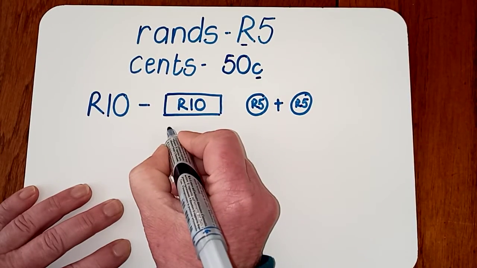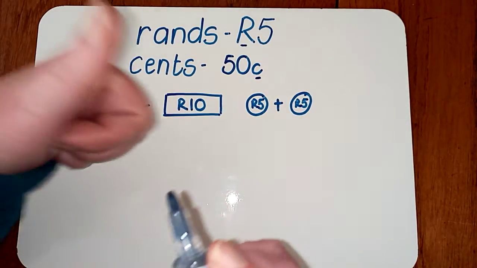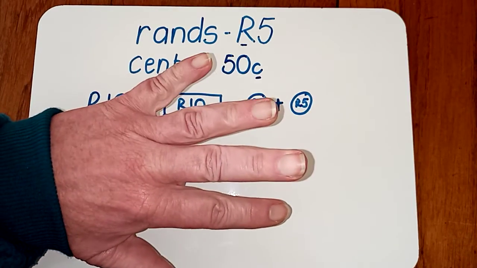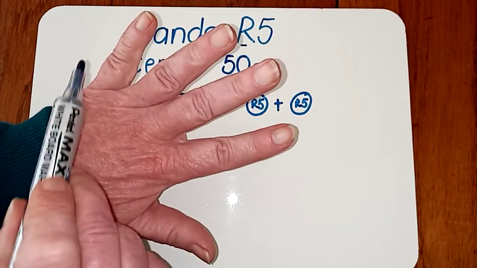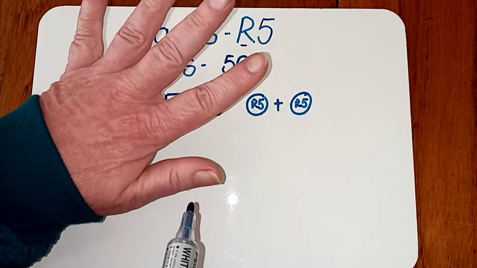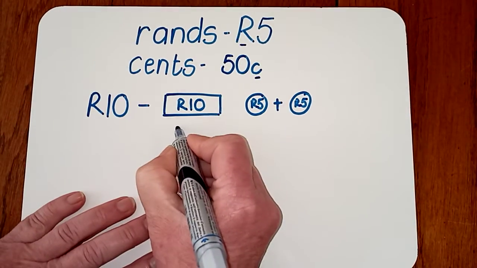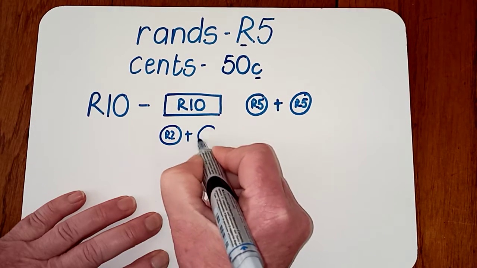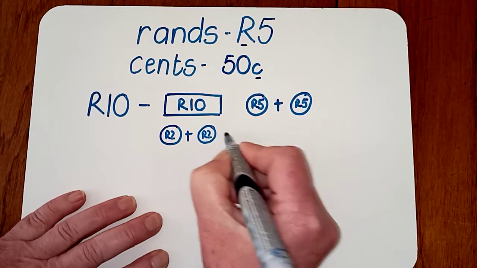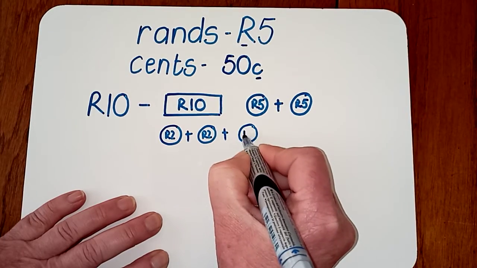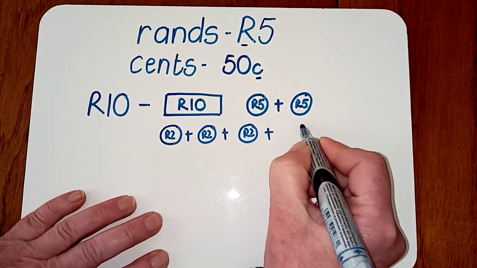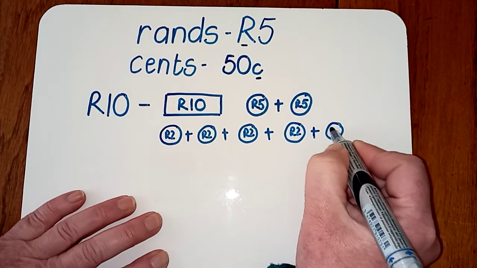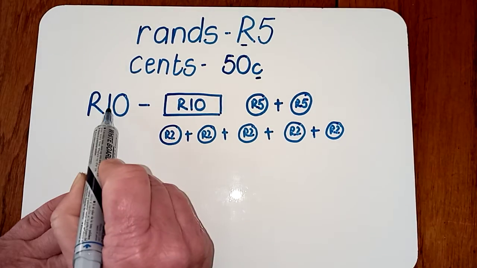Or you can have 2, 4, 6, 8, 10. You can have 1, 2, 3, 4, 5 twos. So 1, 2, 3, 4, and 5.